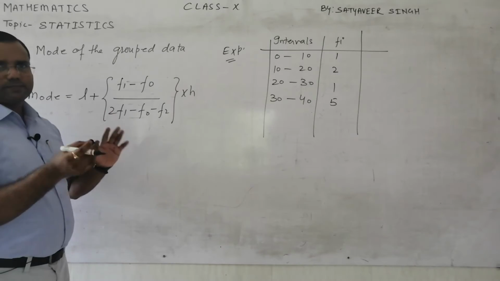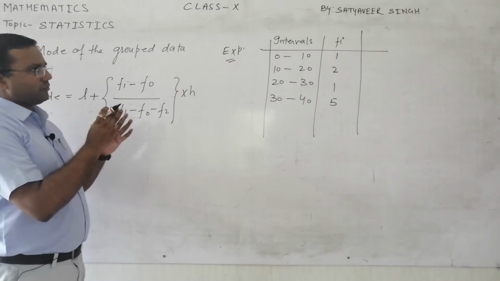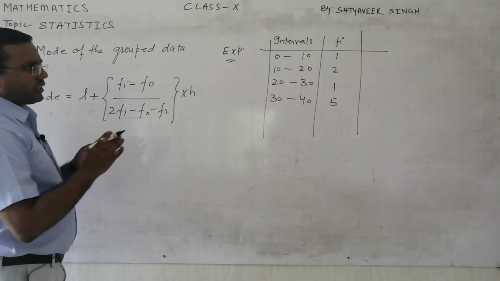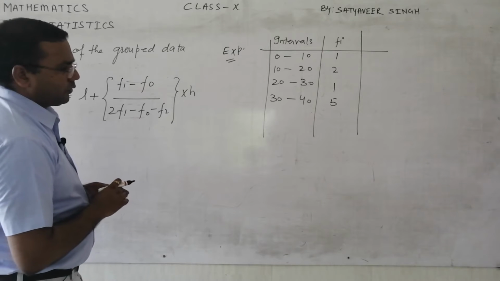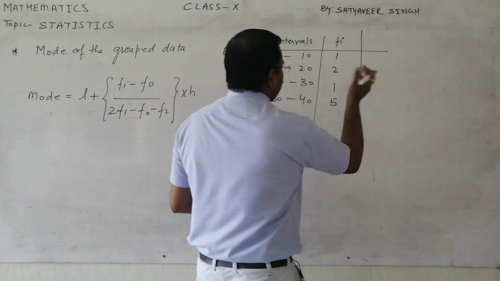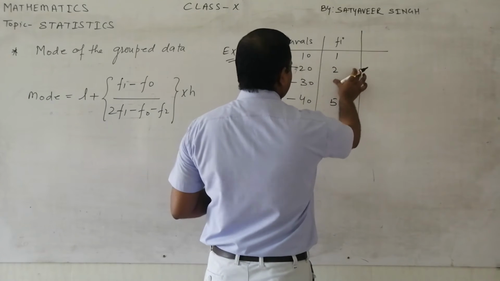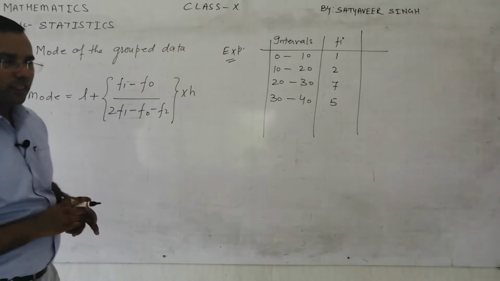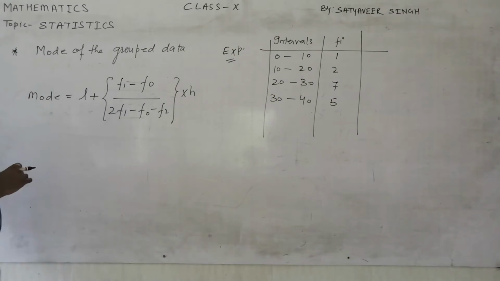So there is no difference, because the application part is the same, you just have to understand the meaning of all these terms. So first of all, student, I am just changing some observation, I am taking this 1 as 7. Let us see how we will utilize this.